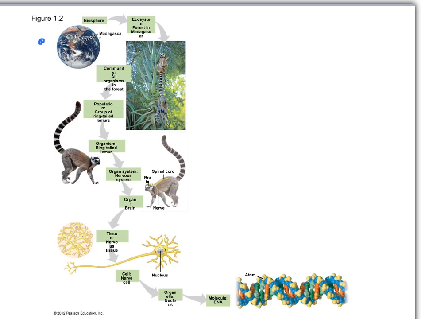From the community to a population to an organism. When we broke the organism down, we then went to our organ system, which is made up of different organs. Organs are made up of tissues. Tissues are made up of different cells. When we break down the cell, we go to an organelle, from the organelle to the molecule, and eventually down to the smallest basic unit of all matter, which is an atom.